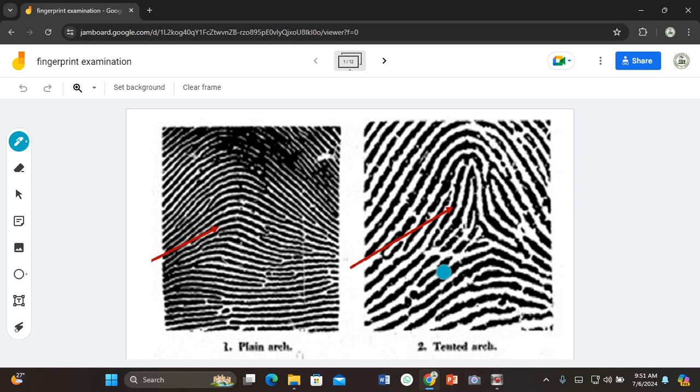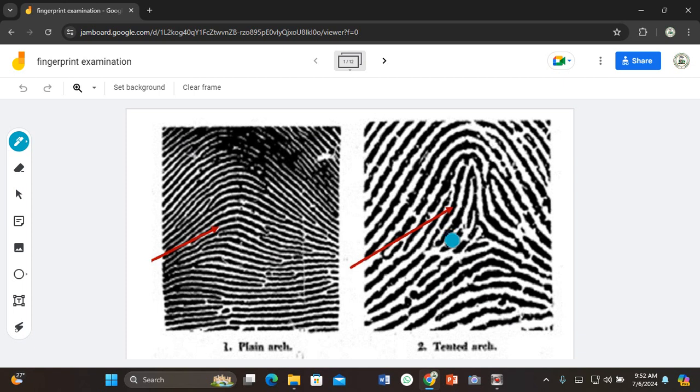Those two differences are where we derive their names. The first one is known as plain arch because almost all the lines are as if they are on a plain surface. There's just a little bend, but here you have an upthrust. So this is tented arch.